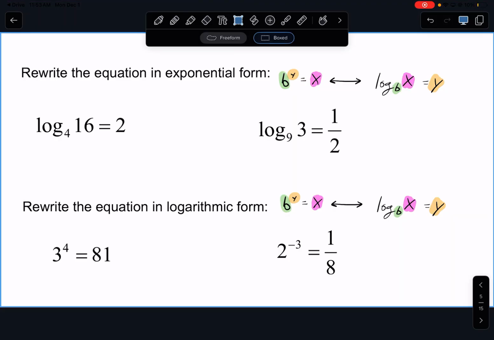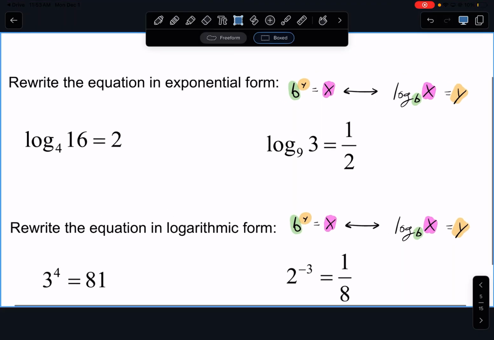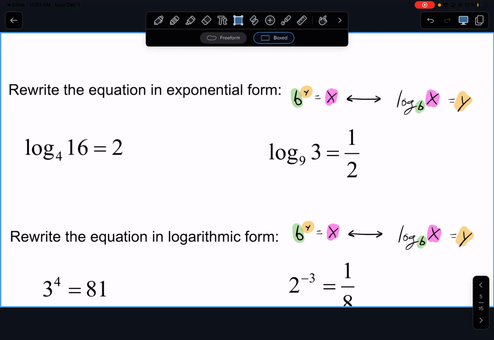Okay, so let's look at these first two at the top. Write down the first two examples. So log base 4 of 16 equals 2. And all we're doing right now is switching forms. Right now they're both in logarithmic form, so we are going to write them in exponential form. I'm going to use those highlight colors like I said.